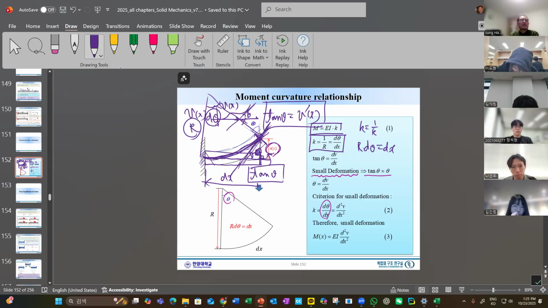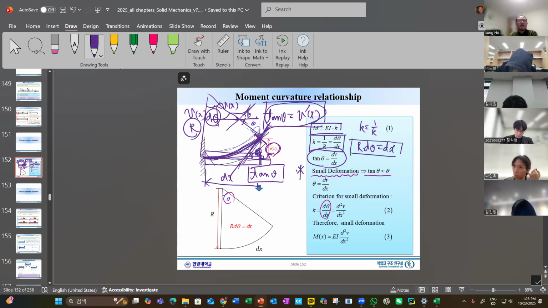So dx, this one will be the same as before deformations, dx, right? Now, as we just noticed here, the slope at this point is given as tan theta, which is dv/dx. Tan theta is v prime or dv/dx.